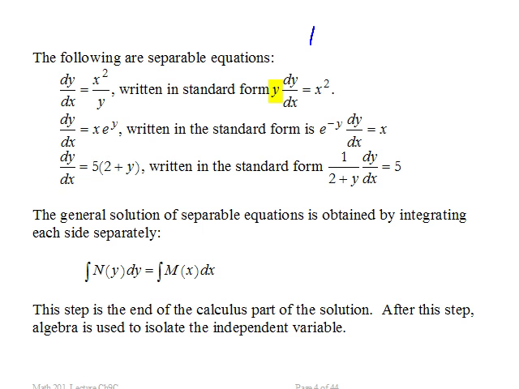We have some function which I'm calling n of y times this first derivative, dy by dx, equals some function of x only. So here our n of y is y, and the function m of x is just x squared.